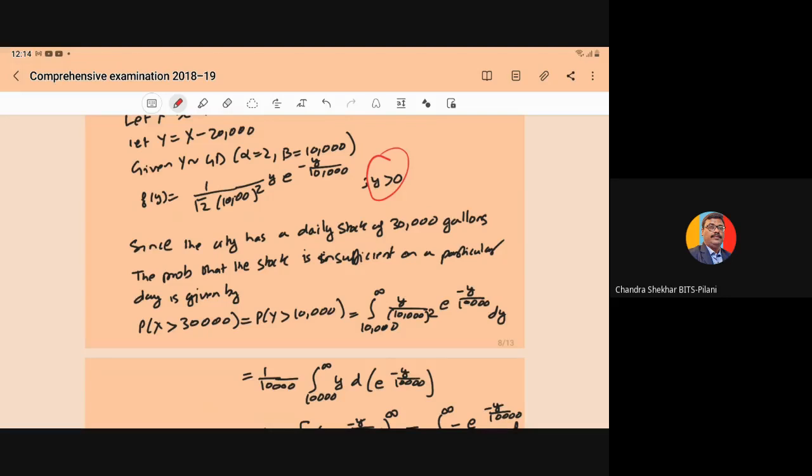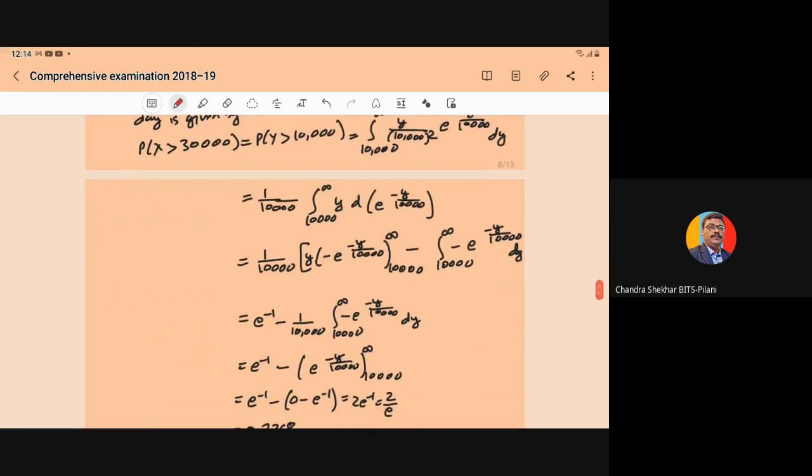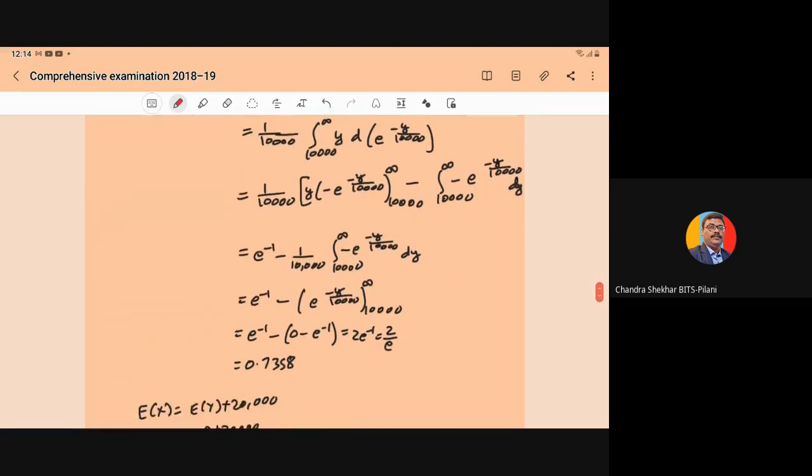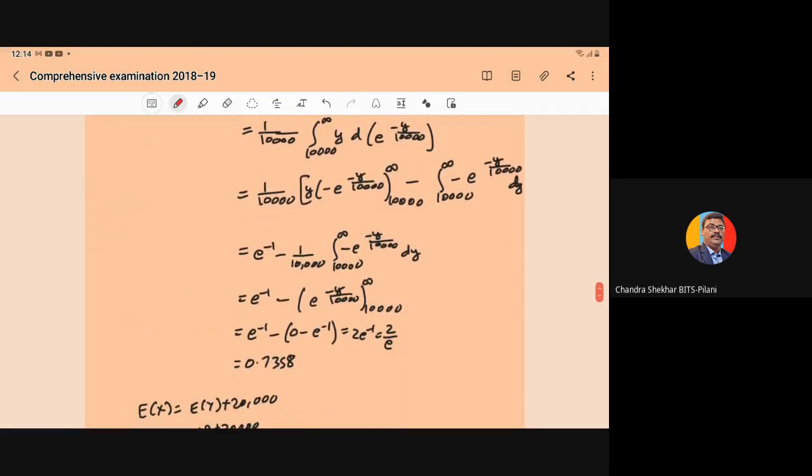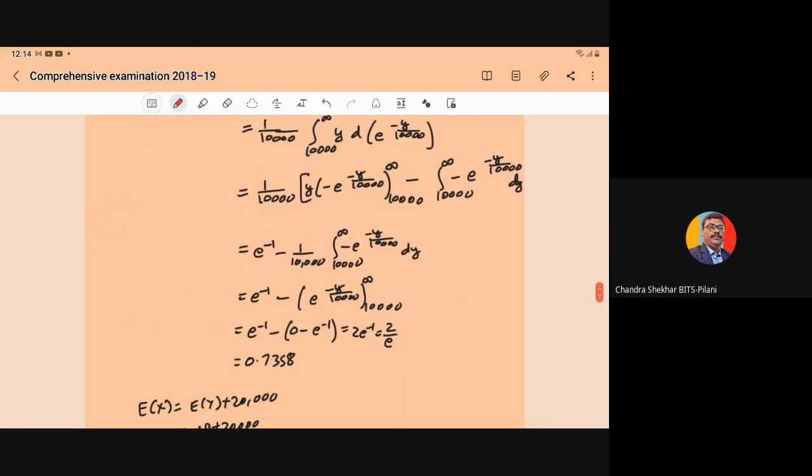By probability theory, it will become the integral from 10,000 to infinity of f of y, that is y upon 10,000 whole square, e to power minus y upon 10,000 dy. When we integrate by parts, you will get the required probability as 2 upon e, or 0.7358.